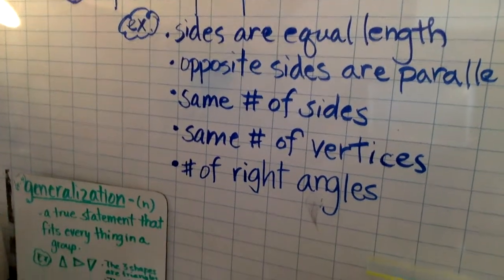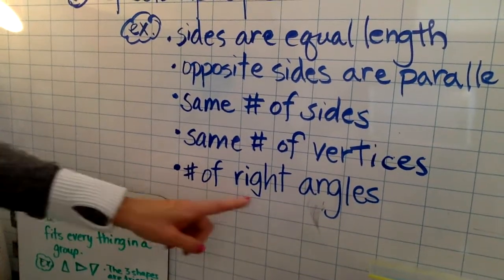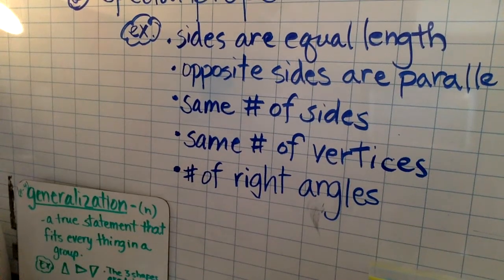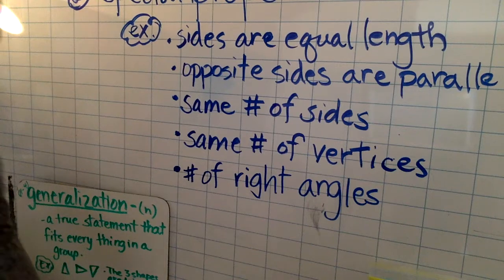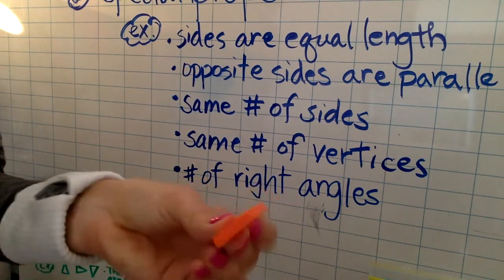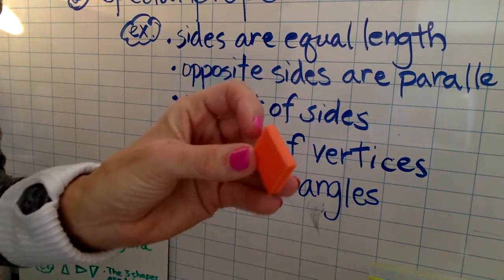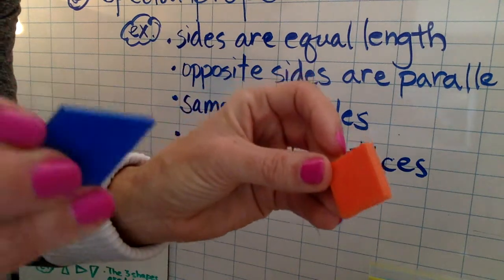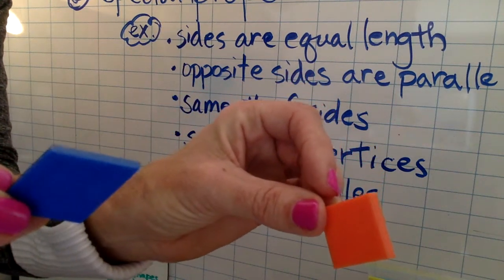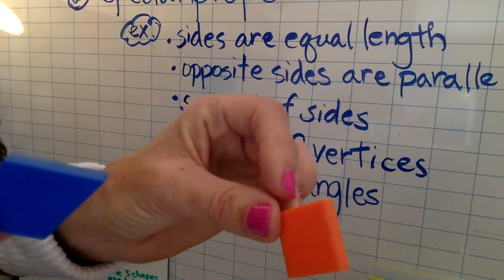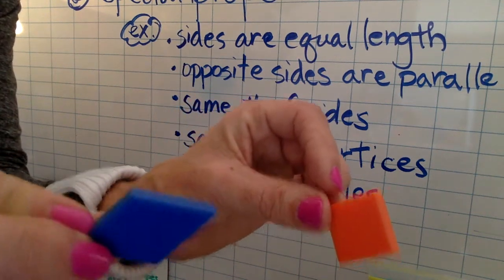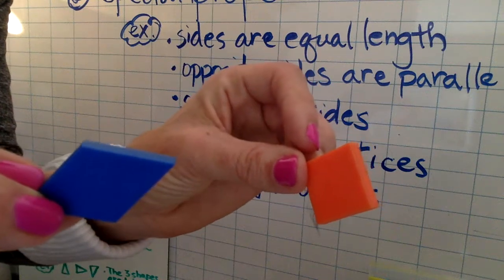I know that the number of right angles could be the same if I grouped them together. Let's say I had a square. Okay, it has 4 right angles. Would it be in the same group as this quadrilateral? Not if I'm talking about the angles. No, it would not fit together in describing the 4 angles.